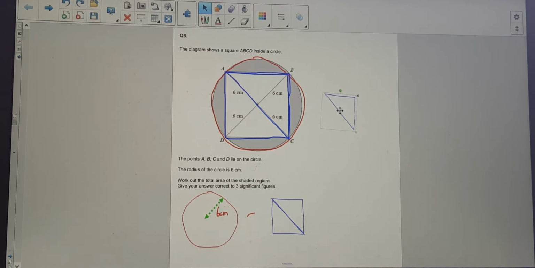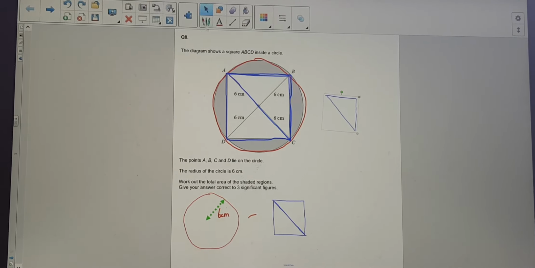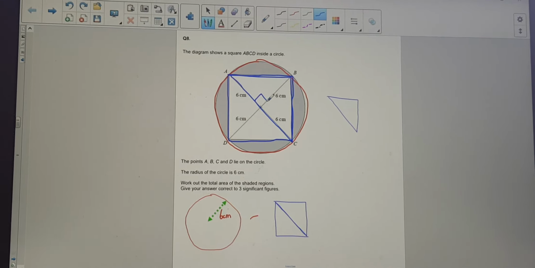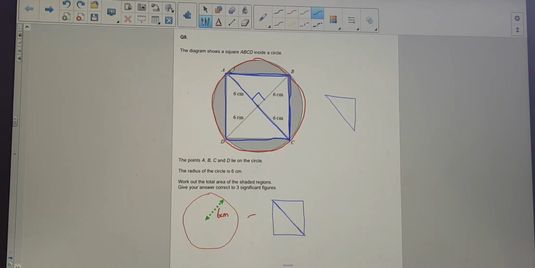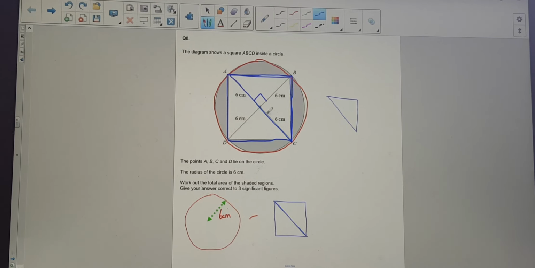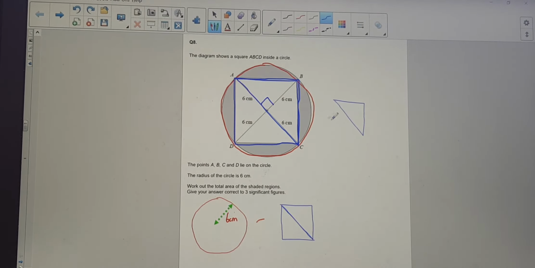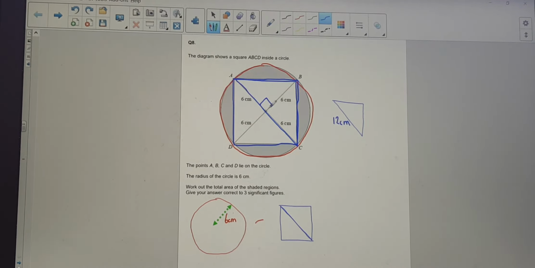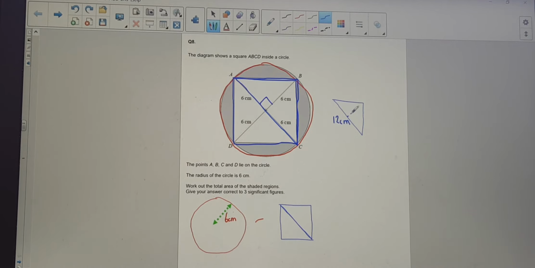Well, it's just the base times the perpendicular height divided by 2. I know that if this is a square, then these lines here have to be meeting at 90 degrees. That's really important, yeah? So the length of the base all across the bottom here, I've got 6 and 6, so I know this length is 12 centimeters here. And I know that the perpendicular height is 6 centimeters.